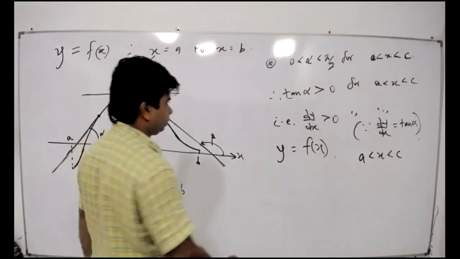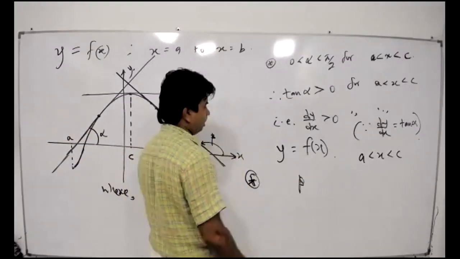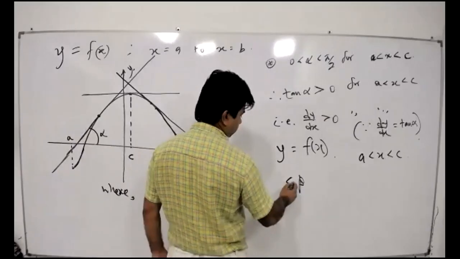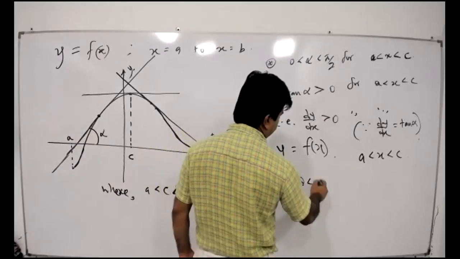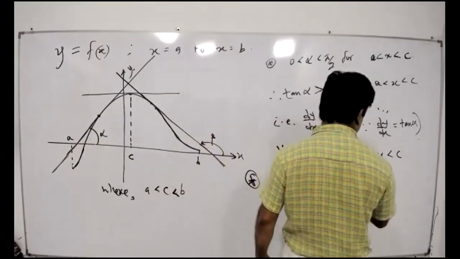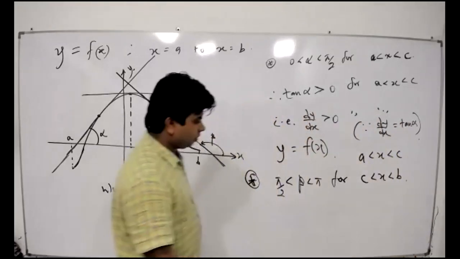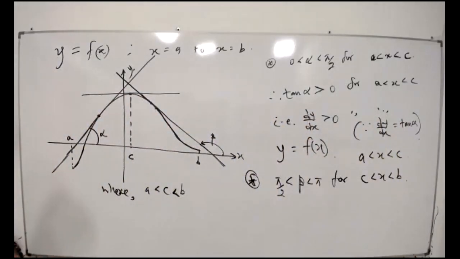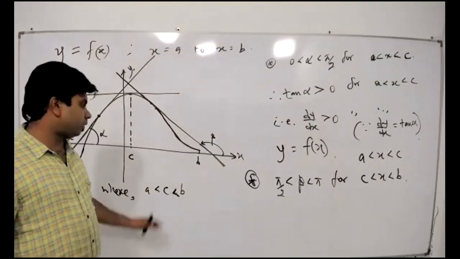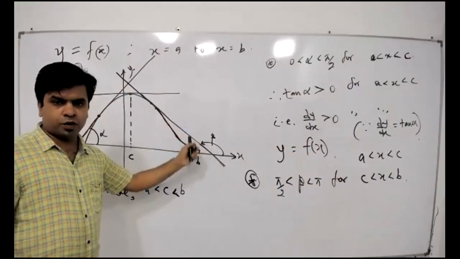Okay, then write down here beta. Beta is between pi by 2 and pi, for x from c to d. Beta is an obtuse angle for the x values from c to d. In this whole range you have an obtuse angle.